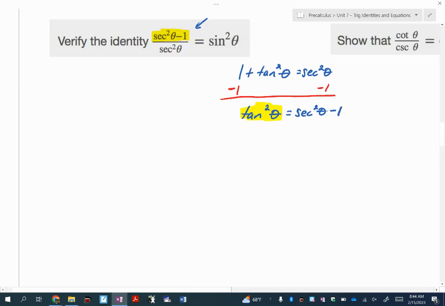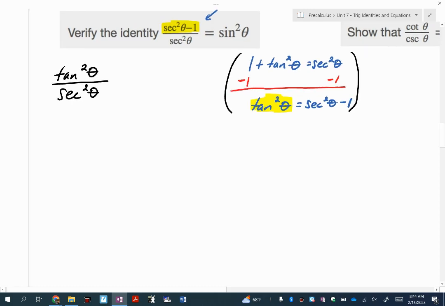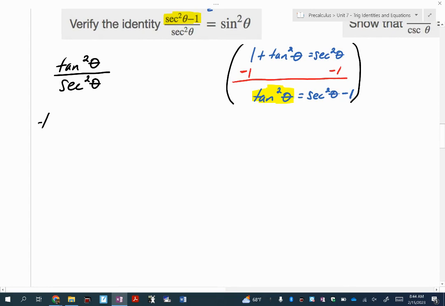So I'm going to write down tangent squared theta over secant squared theta. All right, so this was the work that I used for that numerator, changing it to tangent squared. All right, let's go and split that up. Tangent squared theta over 1 divided by secant squared theta over 1.